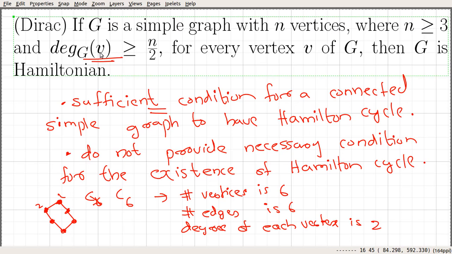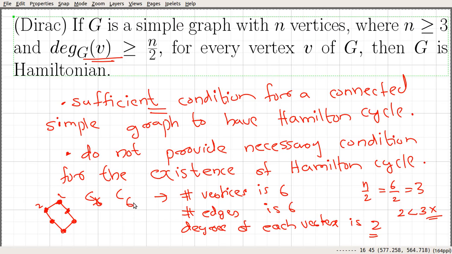The degree of each vertex here is 2, and the n by 2 condition, where n is 6, gives 6 by 2, which is equal to 3. Here 2 is strictly less than 3, so that violates this condition. So there are Hamiltonian graphs that do not satisfy this condition, and one example is C6.